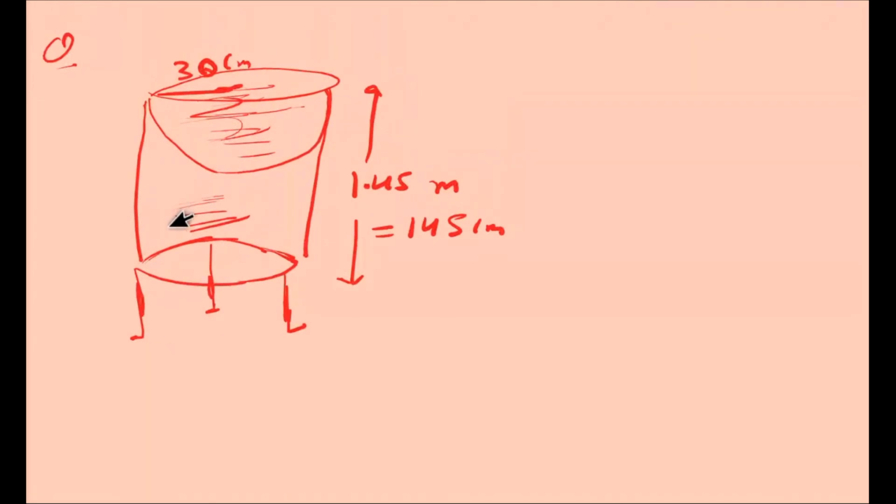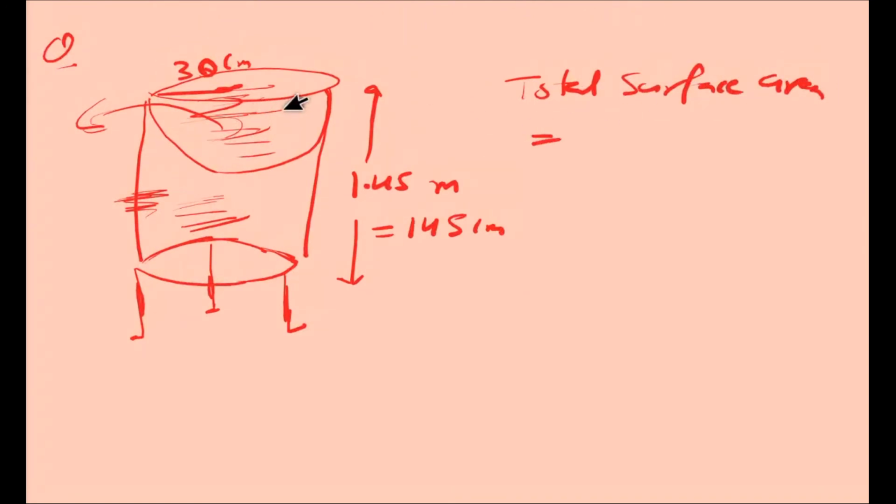So you can see the total surface area is this curved surface plus this. Total surface area means if you want to paint it, surface area means you can understand the paint. This one plus this one.